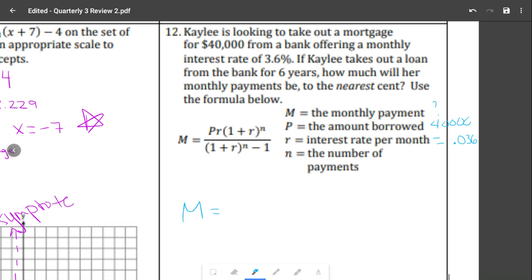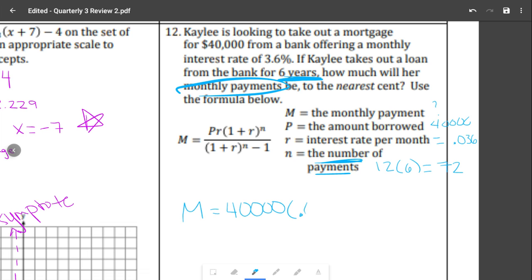And here for N, we need to be careful. It is the number of payments. Well, we are going to be making monthly payments for 6 years. There are 12 months in a year. So 12 times 6. The N we should be using is 72.